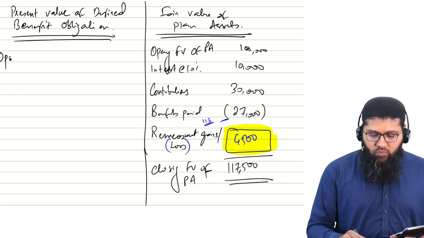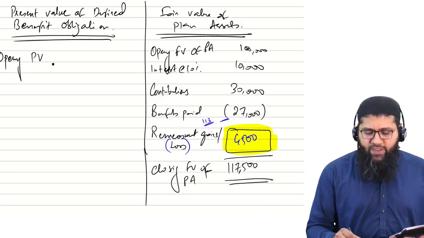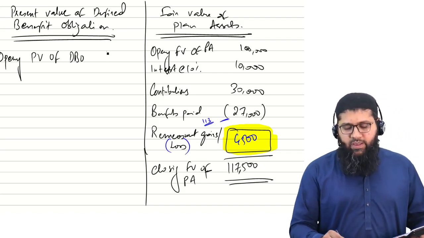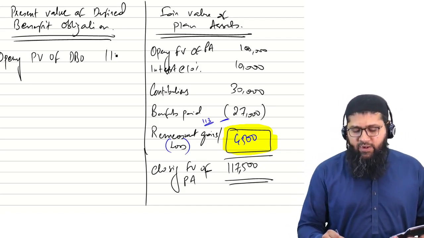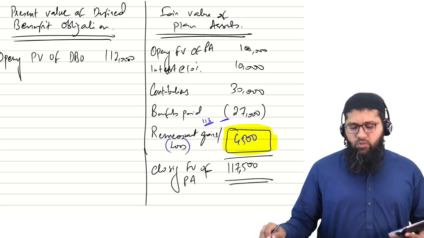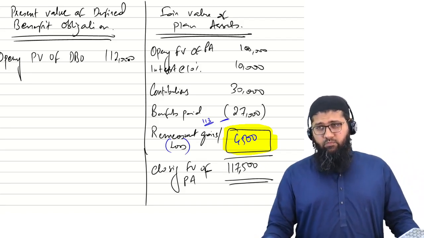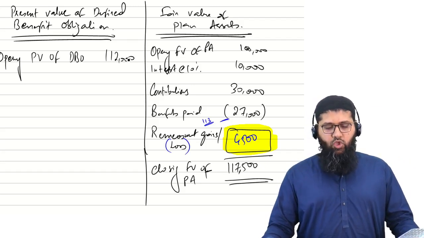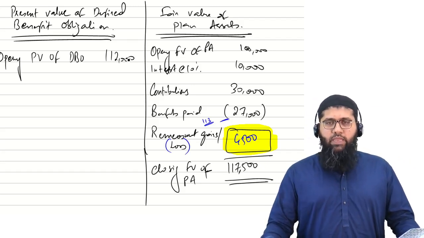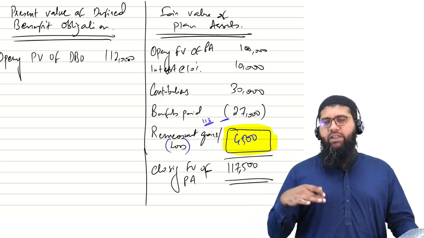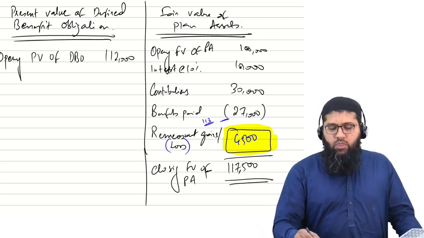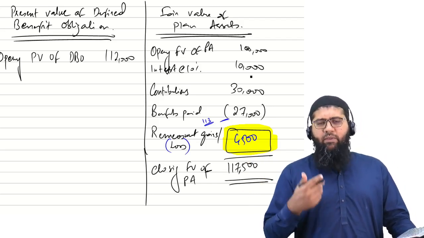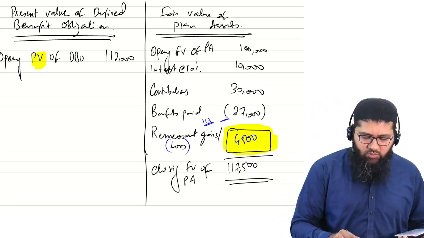So what we are going to do is that opening present value of defined benefit obligation. Let's say it's 112,000. Now just like there was an interest income on these assets, there is an expense because the liability is being recorded at present value.